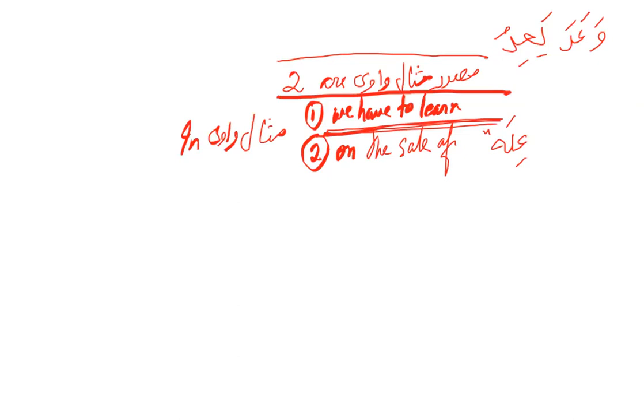For the other one, the set pattern is ilatan. So wa'ada ya'idu. The first one is wa'adan. This we have to see in the dictionary and ask the Arabs, and whatever they tell us, we have to just remember it as is. But the second one is ilatan.